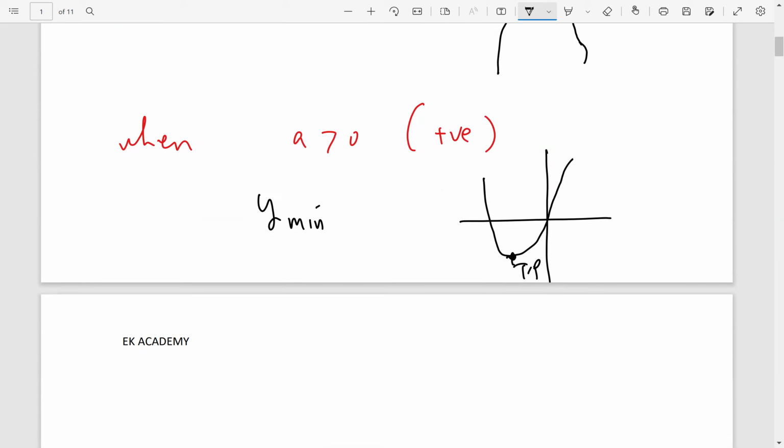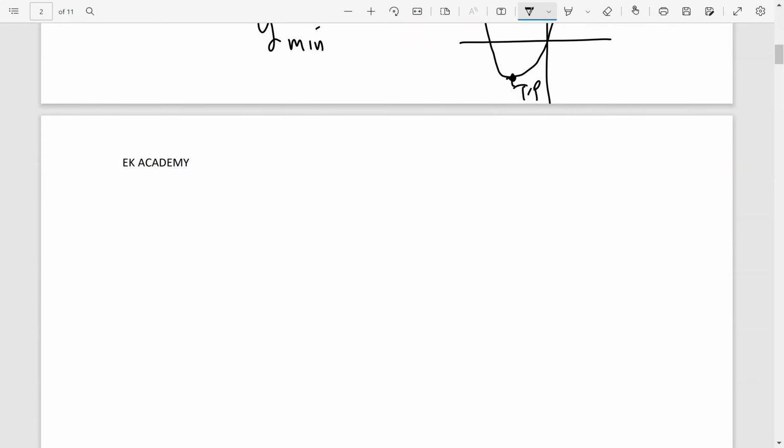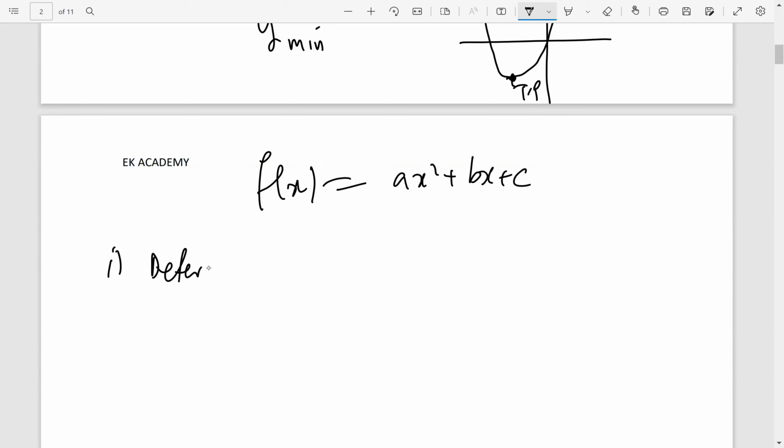So for us to be able to draw the graph of a quadratic function f of x equals ax squared plus bx plus c without using a table of values, first of all, we are going to determine the maximum or minimum point.